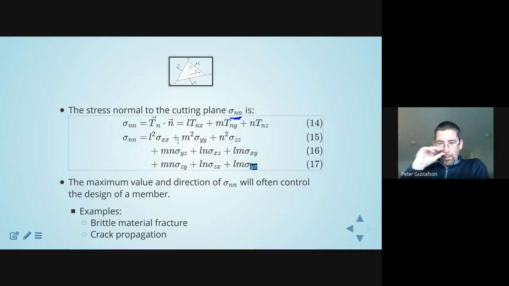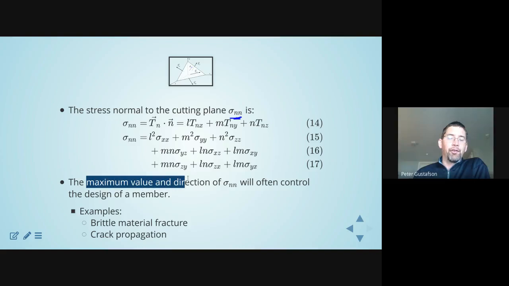Now, one might ask, why do we care what the magnitude of the normal component of stress is? Why go through the trouble of computing it? It turns out that the maximum value and direction of sigma nn will often control the design of the load-bearing member.